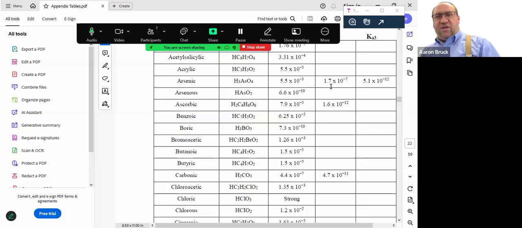The second deprotonation of arsenic acid, on the other hand, we can see that the first one's definitely acidic. The second one is also acidic. The third one, so this would be H3AsO4, H2AsO4 negative 1 would be acidic.